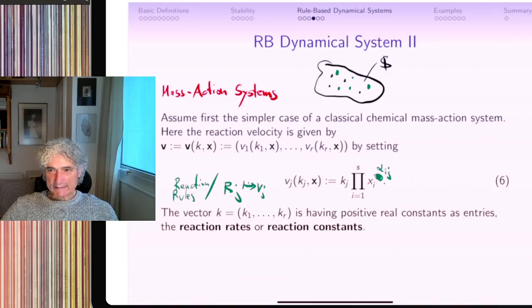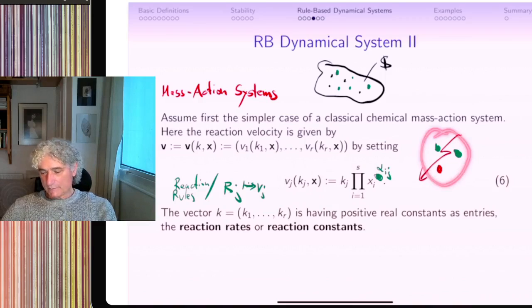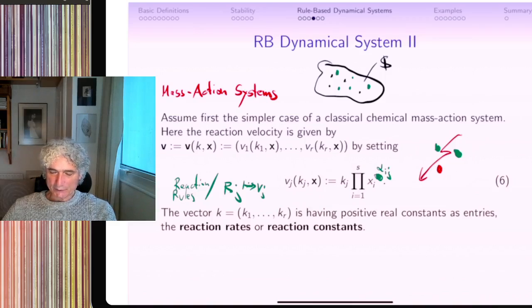Well, does that make sense? It does actually, because, for example, if you have a reaction where, let's say, two green particles have to bump into one red particle. So they form a reaction by all bumping into each other. Then you see that on the source side you would need two green particles and only one red.